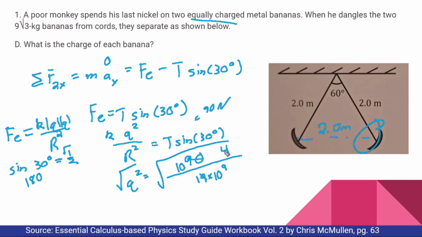We get 10 times 4, which is 40, over 1 times 10 to the 9th. We do this, and we end up with 4 times 10 to the negative 8th. And we have to do the square root of that, which ends up being 2 times 10 to the negative 4th, which is equal to q. This could be rewritten as 200 microcoulombs.